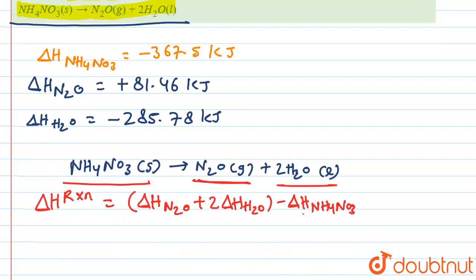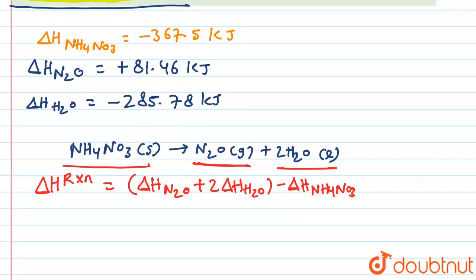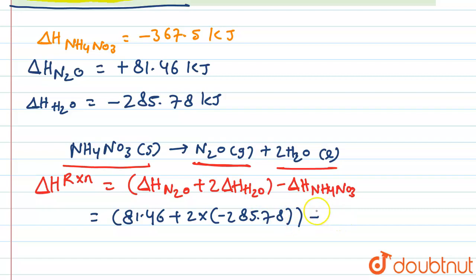Now, if I substitute the values of each term, it will be 81.46 plus 2 times minus 285.78 and minus of minus 367.5.